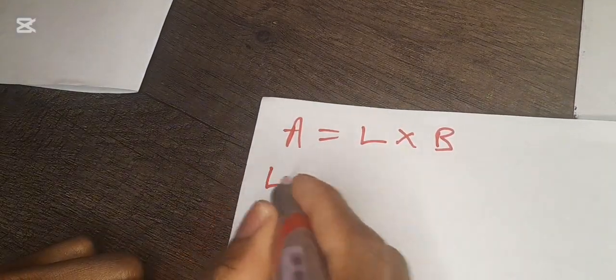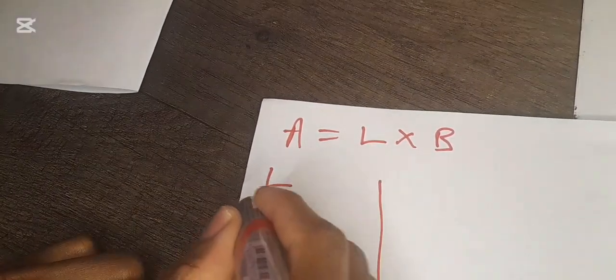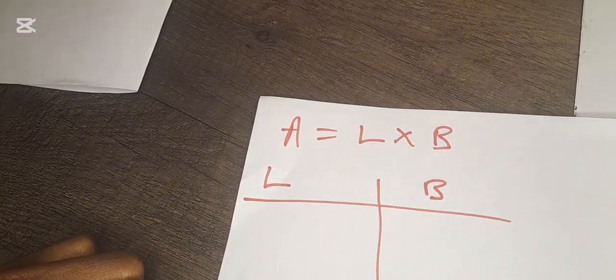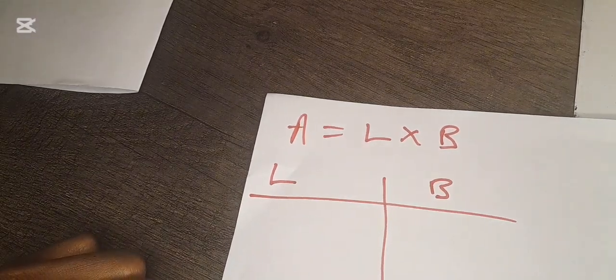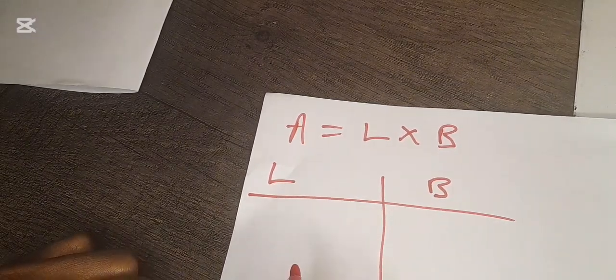First thing that we have to do, you're going to write in your question paper: area equals length multiplied by breadth. Then you can do a table like that, with length and breadth. How much was the length?